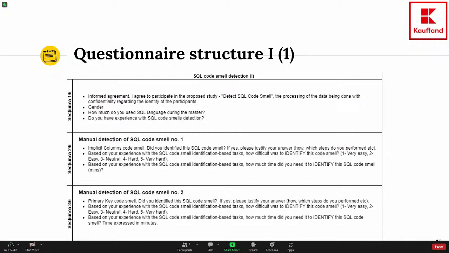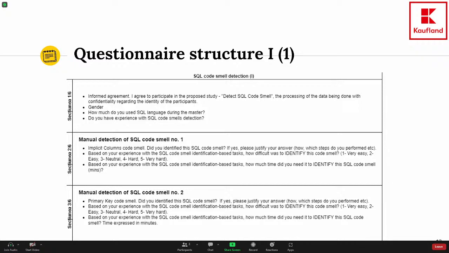Here is the first part of the form. The first section contains general statements about the participants, and the following three sections contain questions about each SQL code smell. Did you identify this SQL code smell? How difficult was it to identify?